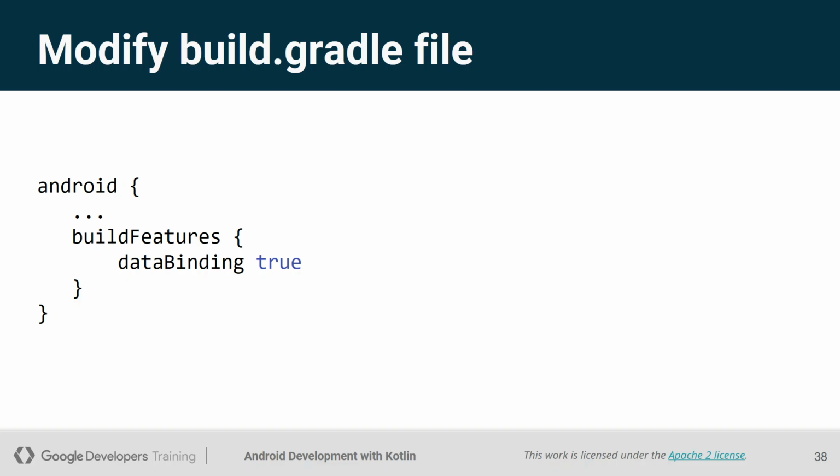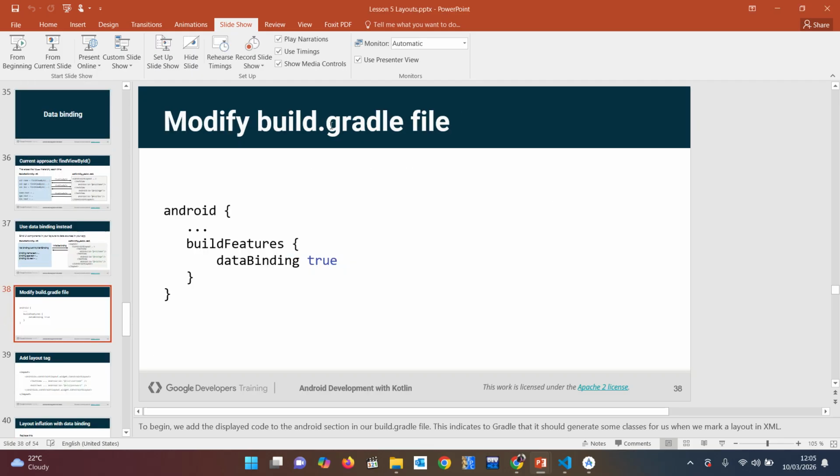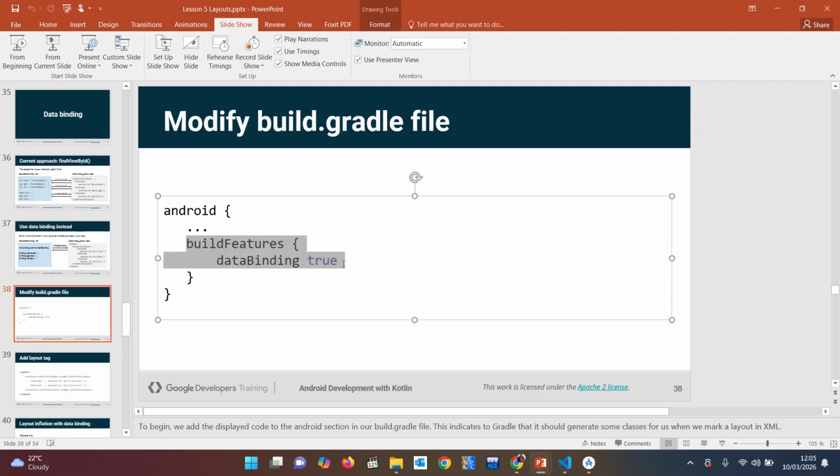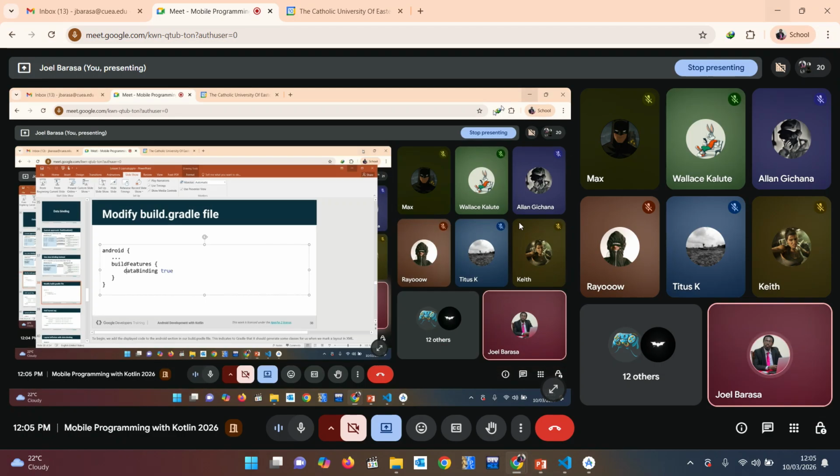Now, how do you modify the build Gradle files? For you to do that, you need to ensure that the build features accept what is called data binding to be true. So how do you do this? You need to add this function to your binding section in the build gradle.